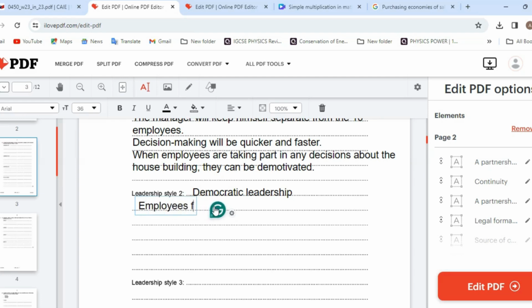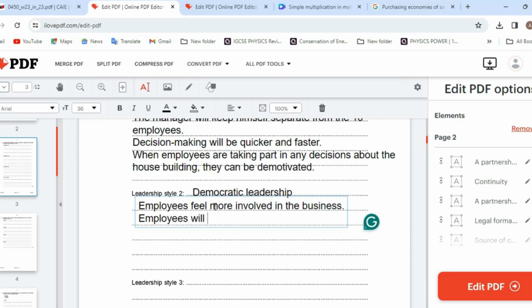Employees feel more involved in the business, because the decision is made by the employees and the manager. And also they will be motivated.